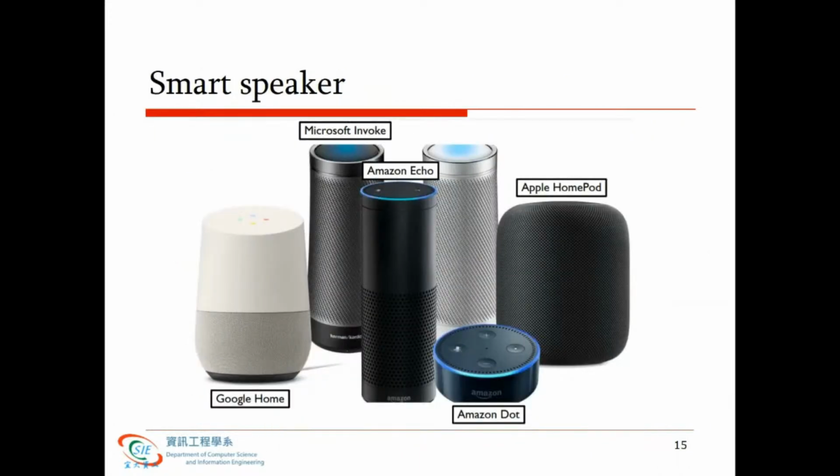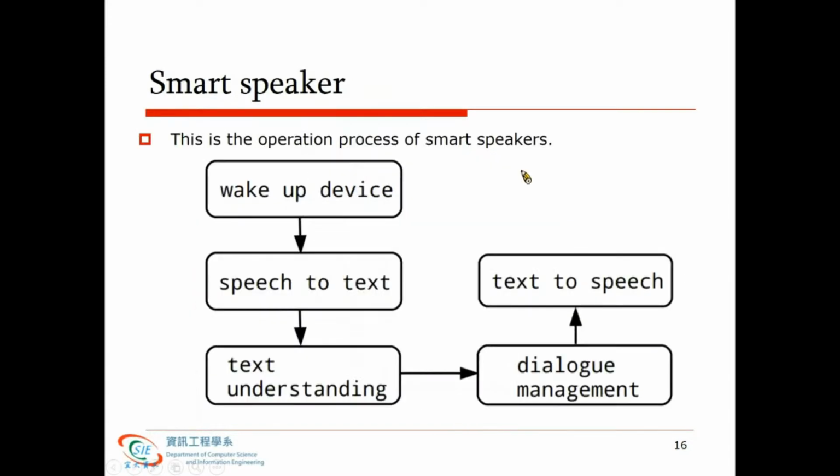These are the existing smart speaker products, including Google Home, Amazon Echo, Apple HomePod, and so on. Here is the operation process of a smart speaker.